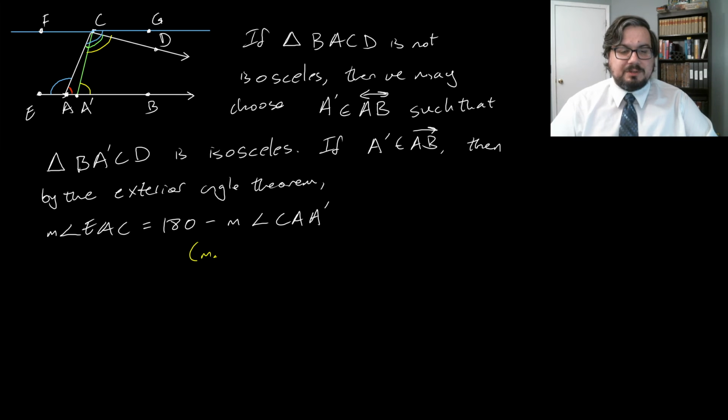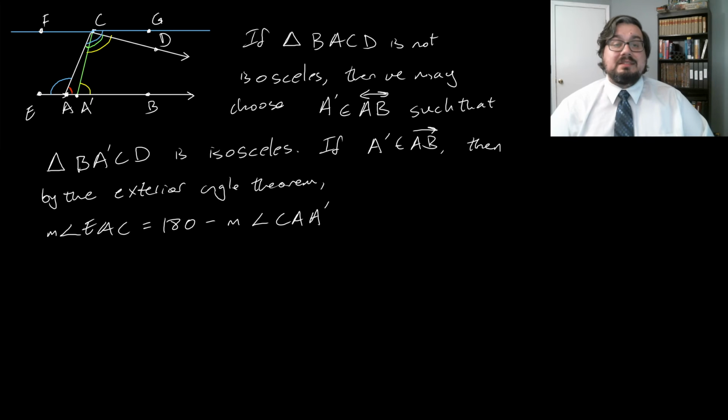We don't want to use the exterior angle theorem just yet. We want to use the fact that we know that the sum of the interior angles of a triangle has total measure less than or equal to 180. So looking at the triangle CAA prime, the sum of all the measures of that triangle are less than or equal to 180, which means if we take 180 minus one of those angles, that has to be greater than or equal to the sum of the other two.